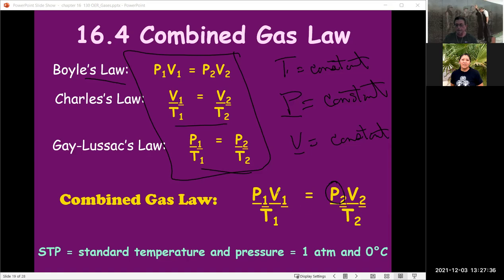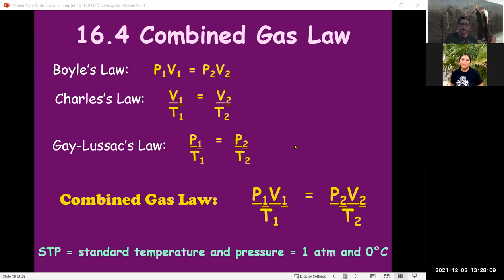If volume has the same value, let's say volume is 100 and the second volume is 100, and once I move that volume 2 over here at 100, and that's T2 over here, hey, they cancel out. You know, 100 divided by 100, they cancel out. Okay, so you either remember to use each one of the three laws, or you can use the combined gas law and remember that the variable that they don't mention will cancel out. Okay.